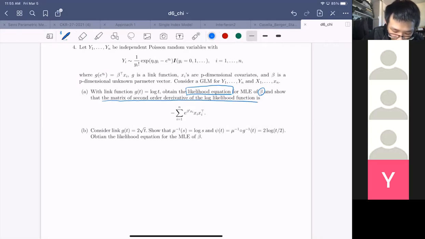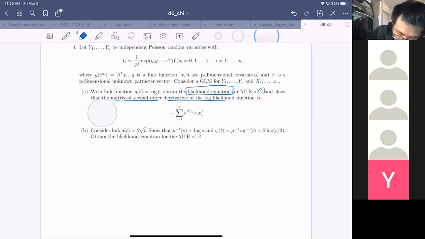Yeah, this is a matrix. You can look at this, this is X and X transpose. Oh, that's a matrix. Yeah, I see. Sorry, the notation is confusing. That's a good point. Thank you.